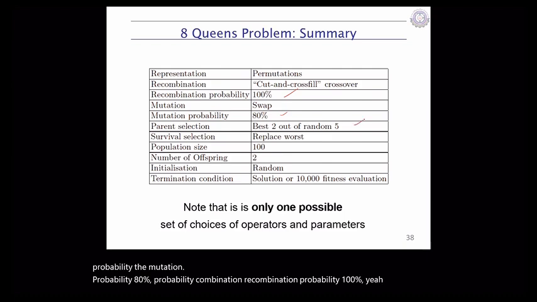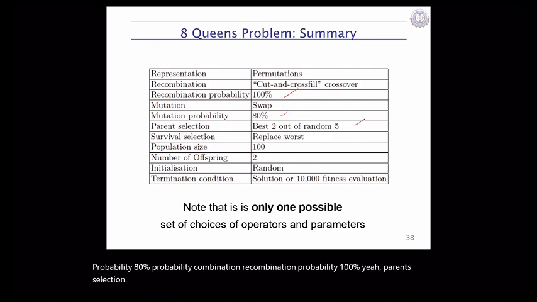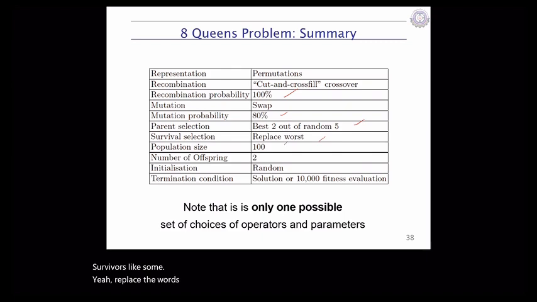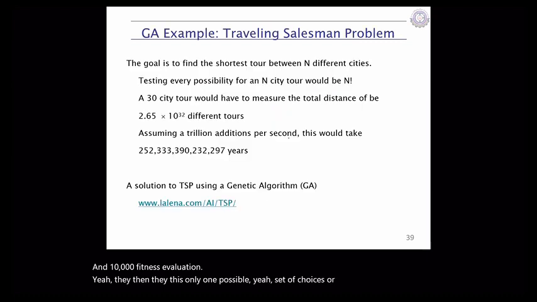Parent selection: best 2 out of random 5. Survivor selection: replace the worst. Population size 100, initialization random, and 10,000 fitness evaluations. Then this is only one possible set of choices, operators, and parameters.